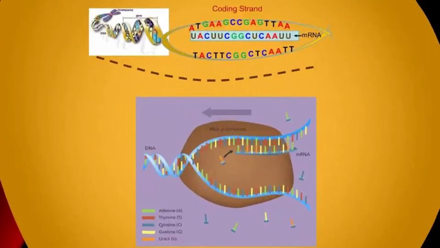So the free nucleotides start pairing up on a complementary basis against the template or antisense strand. And again, the same as replication, the enzyme RNA polymerase catalyzes the formation of phosphodiester bonds to form that sugar phosphate backbone until it reaches a stop codon, at which point the polynucleotide chain is stopped.